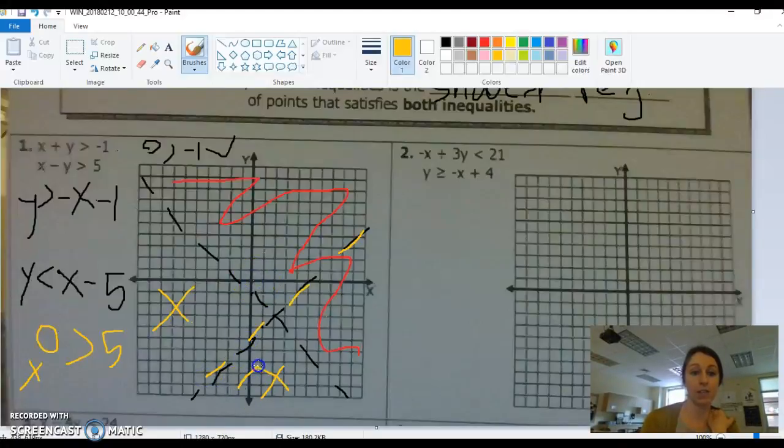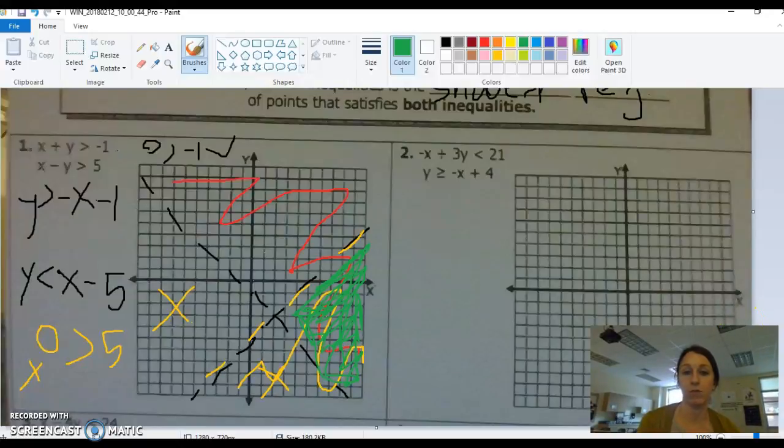So it means this part down here is going to be shaded. And now with maybe a third colored pencil, you can shade really dark where the two parts overlap. And that's where all of the answers to that system of inequalities exist. So in this region right here.